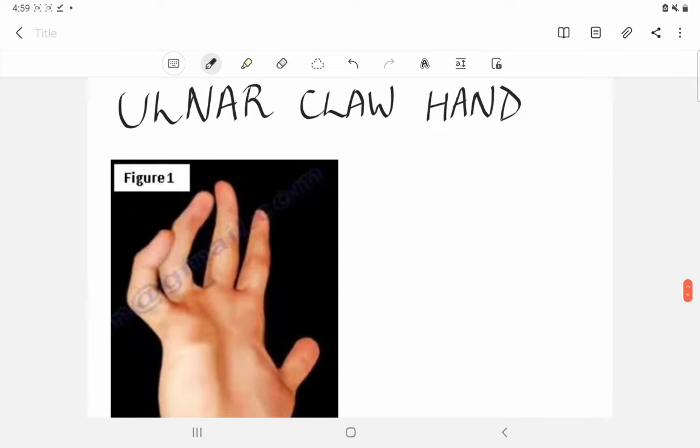Now we'll come to the topic proper, which is the ulnar claw hand. First we'll talk about the definition of the ulnar claw hand. So what is a claw hand?